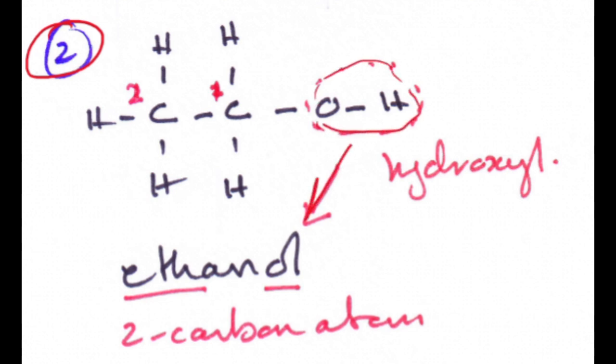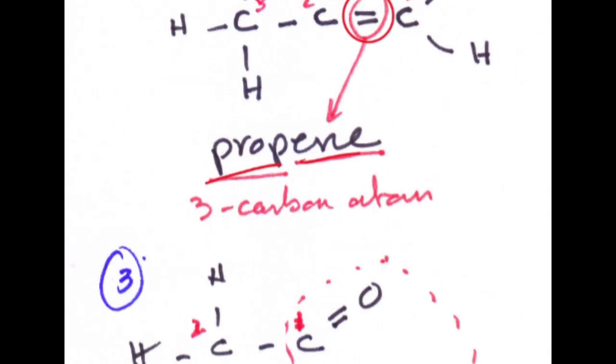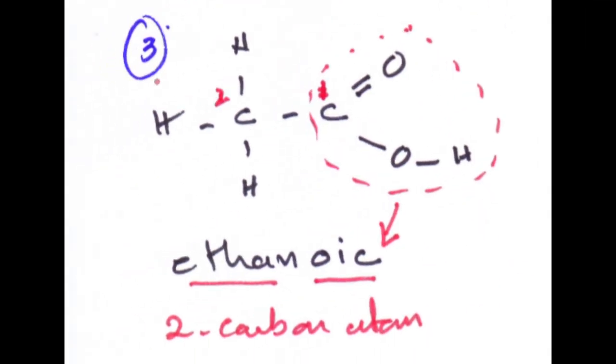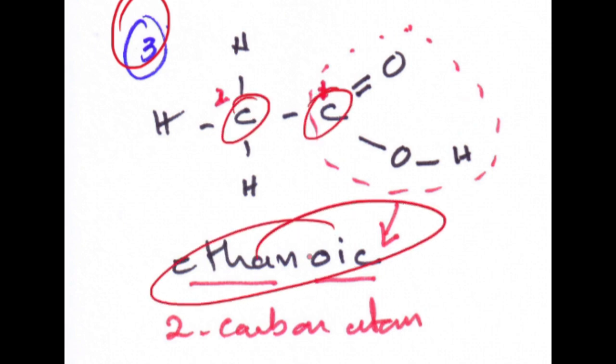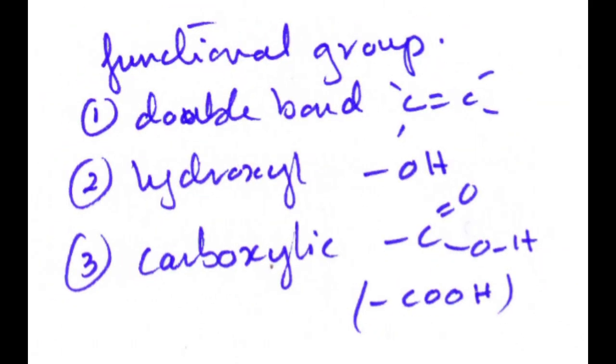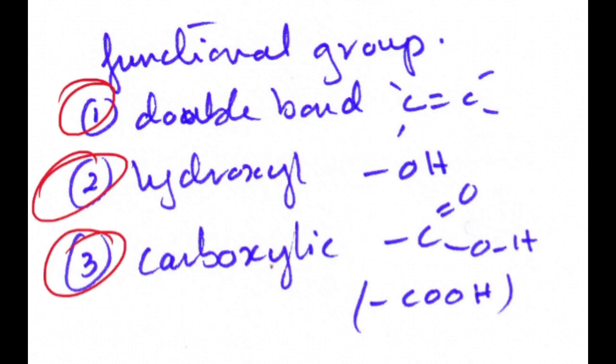You can see there are two carbon atoms. And number 3 compound also has two carbon atoms, so it is ethanoic acid. Number 1 functional group is a double bond, number 2 is hydroxyl, number 3 is carboxylic acid.